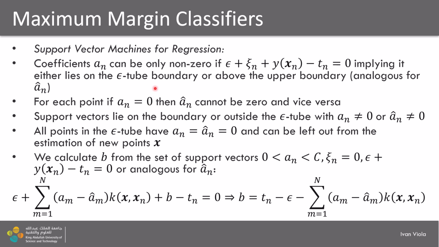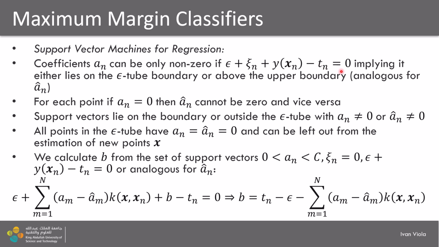So what these KKT conditions also imply is the following. The coefficients a_n can only be non-zero if epsilon plus xi_n plus y(x_n) minus t_n is equal to 0, implying that the point either lies on the epsilon tube boundary or above the upper boundary, or analogously for a-hat, below.